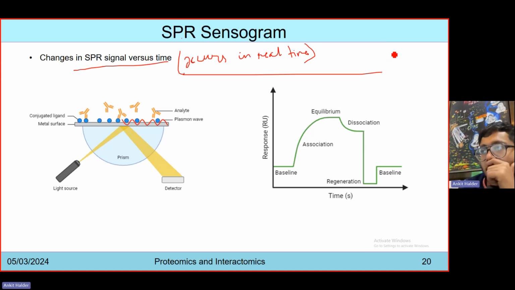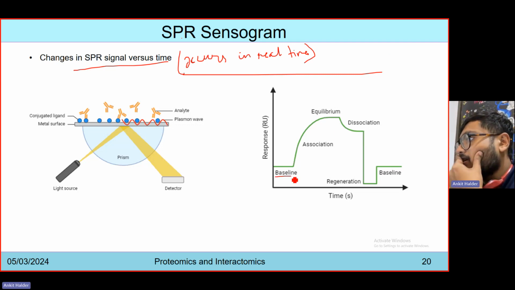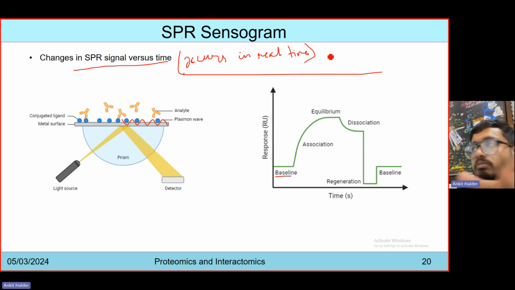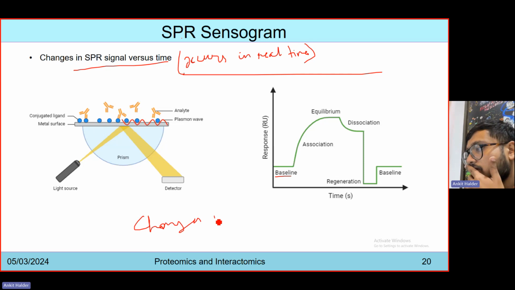Real time, right? So you are getting the baseline, then when the molecule starts binding to it, association, then when you keep the flow and it is getting out, after equilibrium there will be the dissociation, then regeneration. So this is how you get the change in response units over time.